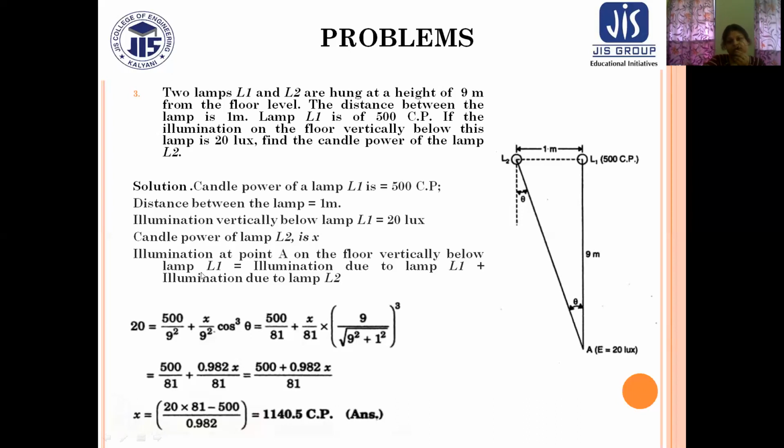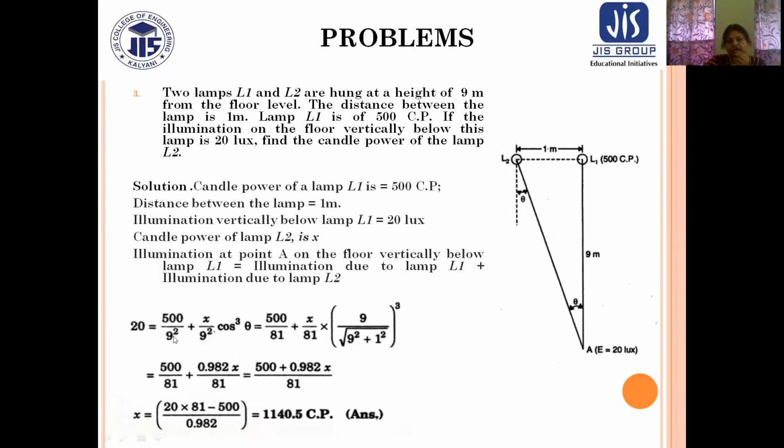So now according to this equation we can get 20 equal to 500 by 9 square. 500 by 9 square means candle power by h square, where 9 meter is the height, that means h.